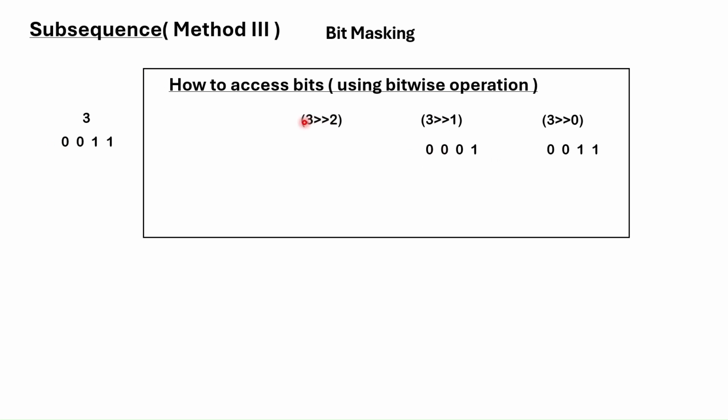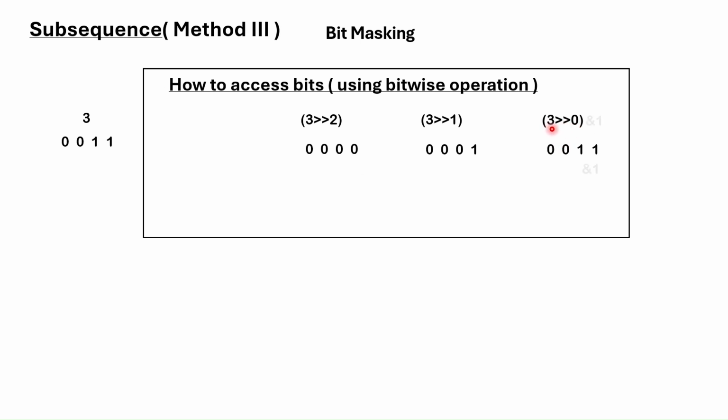If I perform 3 right shift 2, it means shifting all the bits of 3 towards the right by 2 steps. These two ones will be removed and I will get 0 0 0. Now look carefully.